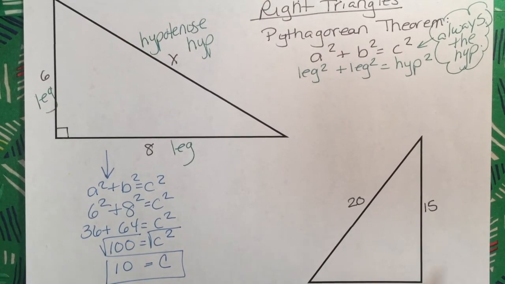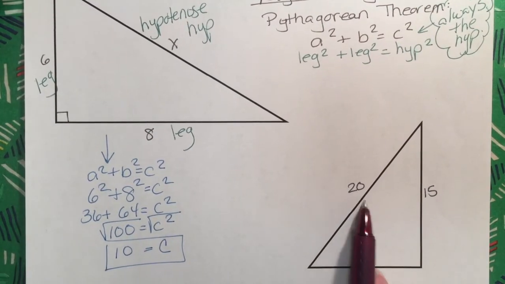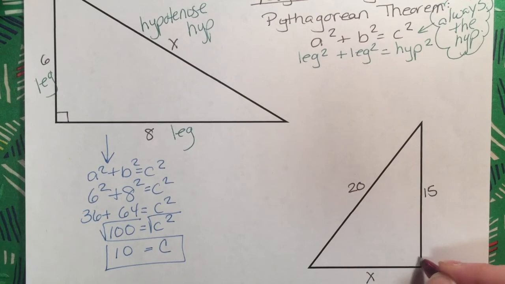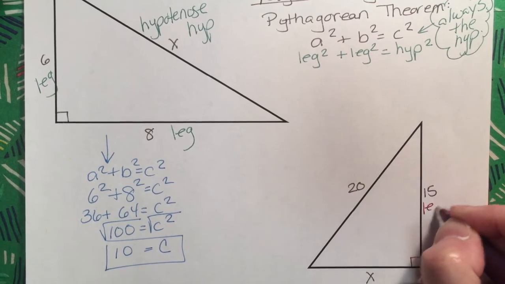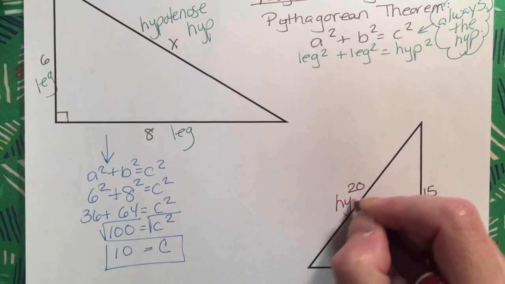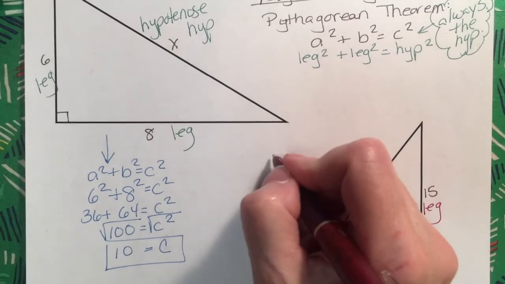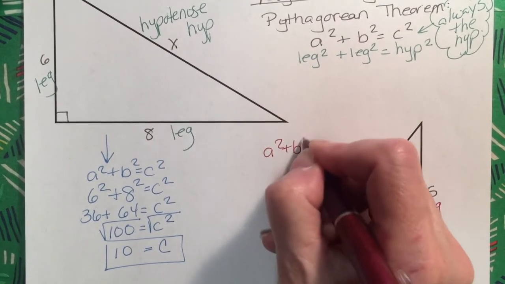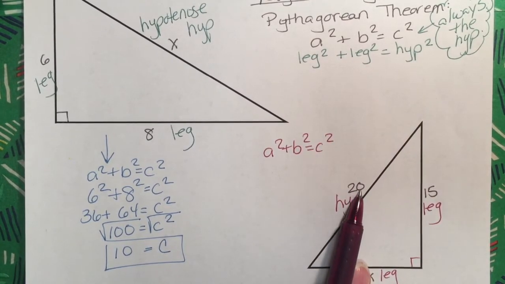Now, sometimes, you guys, it's not the hypotenuse that we are missing the measurement of. Look at this triangle. It's a right triangle. We know the hypotenuse is 20, and we know one of the legs is 15. What we don't know is the other leg, all right? We can still use a squared plus b squared equals c squared, but be careful, the c is always the hypotenuse, so we know the c is 20.